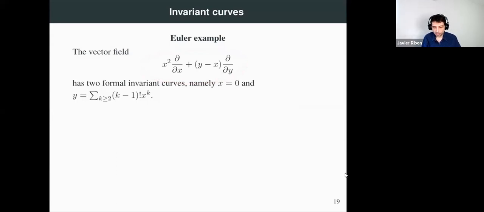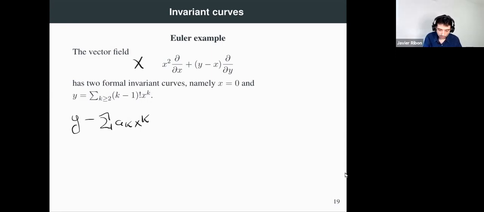One of them is x equals 0, the y-axis, and the other one is this curve over here. How do you find this curve? You consider something like this, and you write down the equation that is satisfied by an invariant curve.